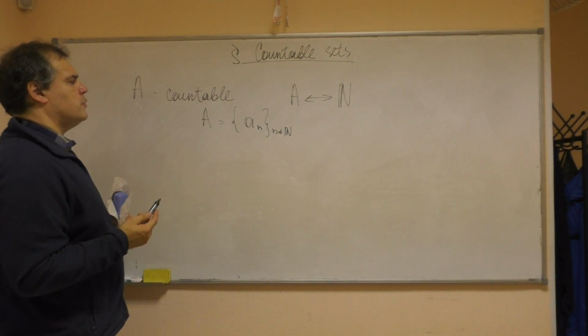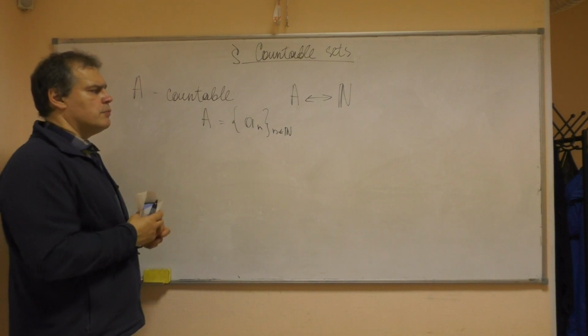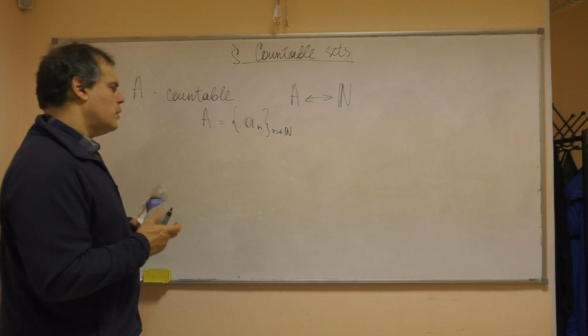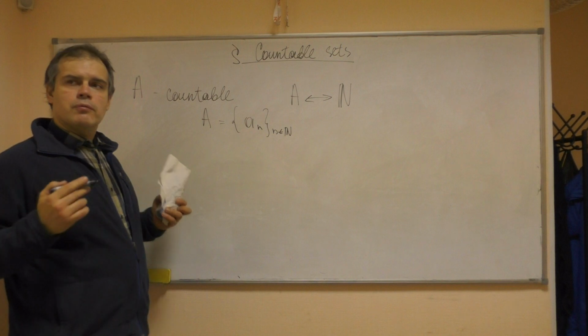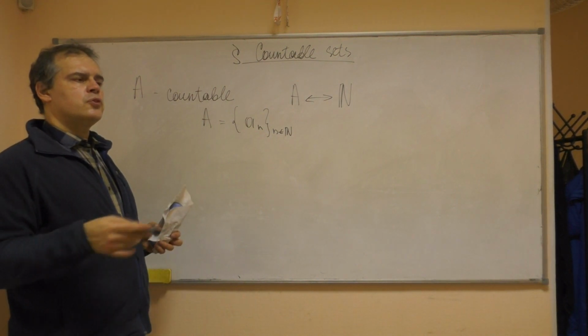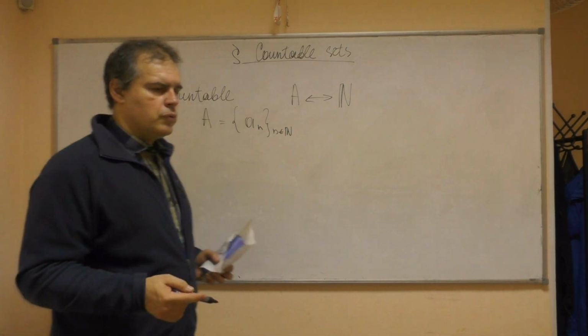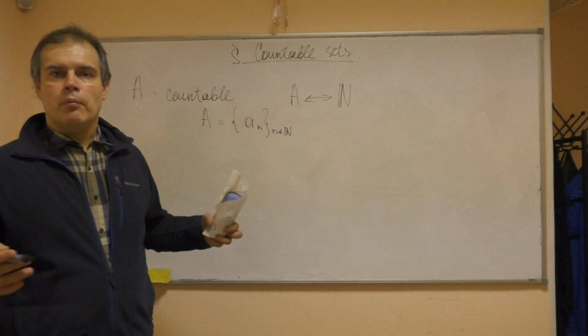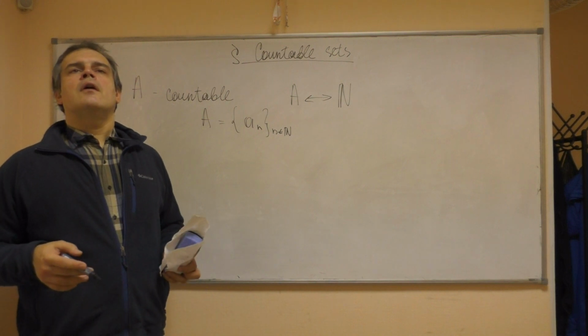Another definition: A is finite if it consists of a finite number of elements. For example, the set of trees in the park is obviously finite, because there are many trees, but a finite number.